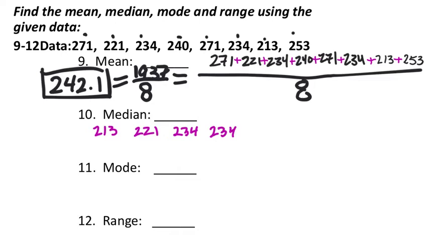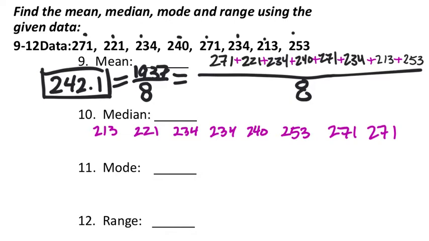So that's 4 of the values, and then 240, it appears. 240. And then 253, it looks like. And then 271 twice. I think that's all 8 values. You can put commas between those if you'd like, but I'm not going to. Okay, because I got enough space between these.